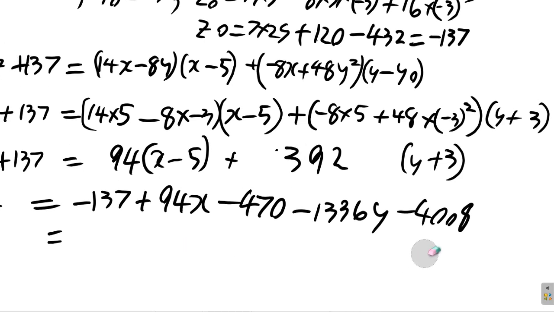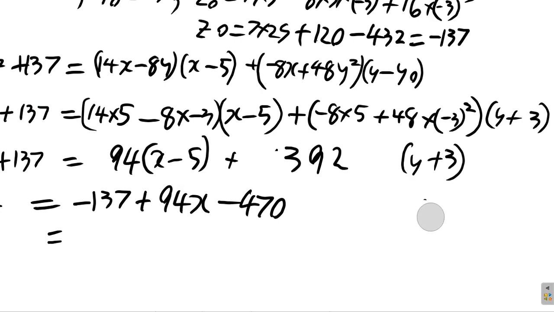Right. So when I open the bracket now, just to check this part first, we have negative 137, 94x, and then 94 times 5, so minus 470, good, plus 392y plus 392 times 3 is 1176. Right, that is what it should be.